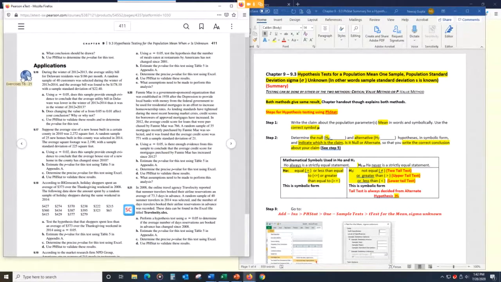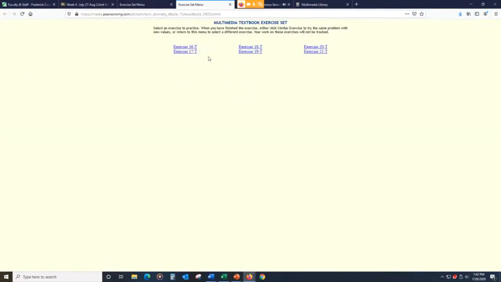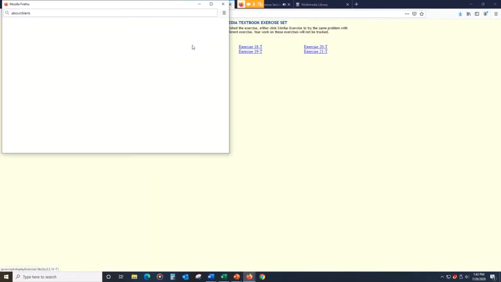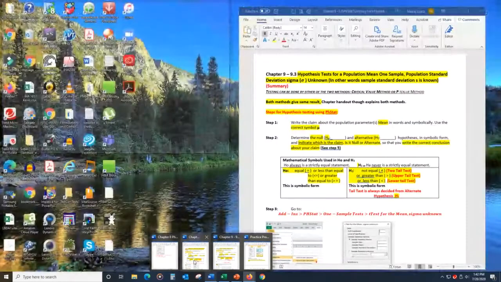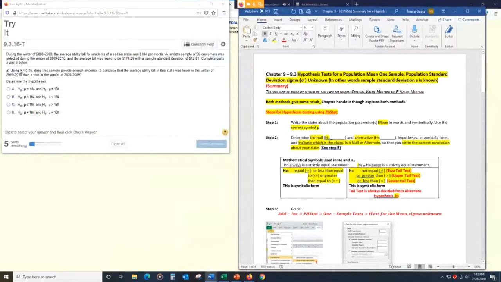So it says, during the winter of 2008 and 2009, the average utility bill for residents of a certain state was 184 per month.